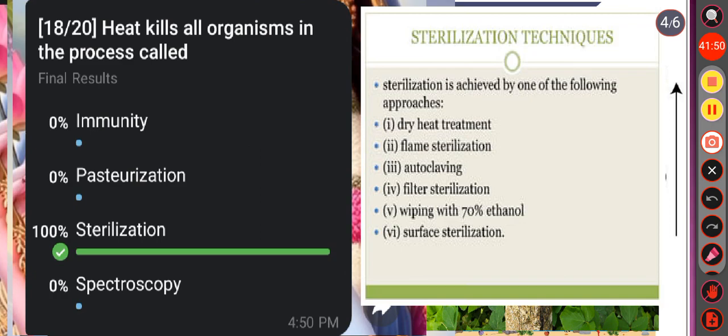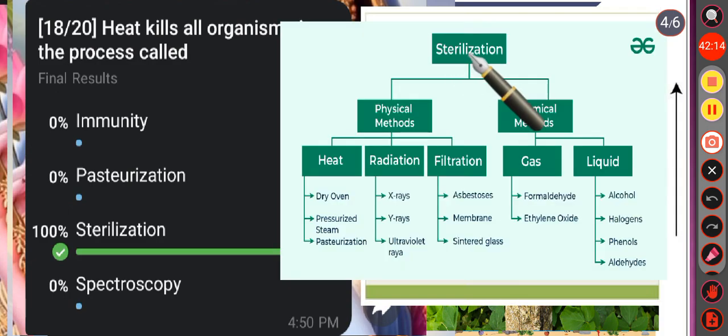In plant science, we frequently use this method in the plant tissue culture laboratory, right? And sterilization is achieved by different approaches. For example, dry heat treatment, flame sterilization, autoclaving, etc. Sterilization is divided into two different methods, that is physical methods and chemical methods.